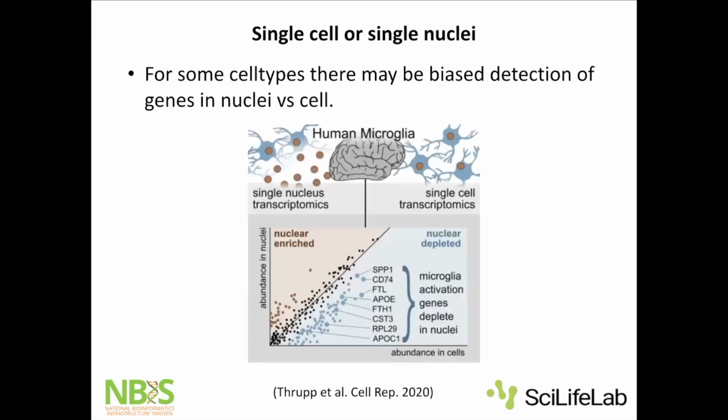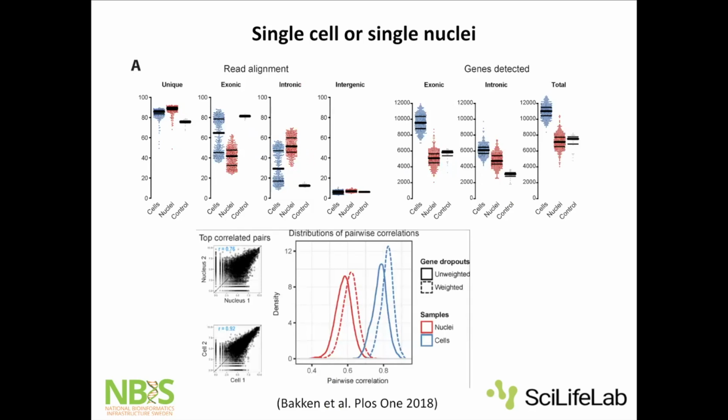But if we have a tissue where we can't get cells, nuclei still works. There's also been shown that some cell types are harder to actually get the nuclei from. For instance, microglia is one example where when you do nuclei dissociation, you also get a biased gene selection, a biased gene program in the microglia, versus if you do cells.